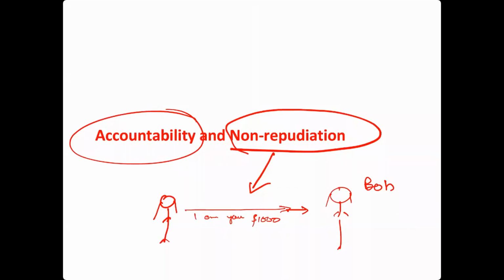So maybe Bob has given $1,000 to Alice, and then Bob asks Alice over phone, okay, send me an email that you owe me $1,000, so later on I will remember this. Later on, when Bob says return my money, Alice says that okay, I told you that I owe you only $50.